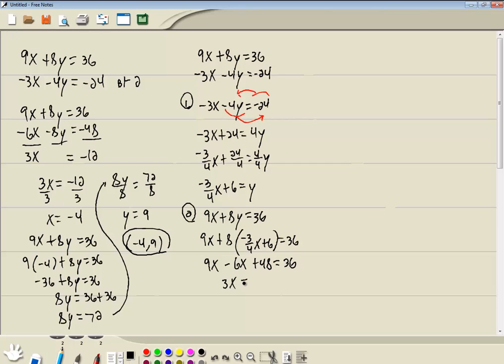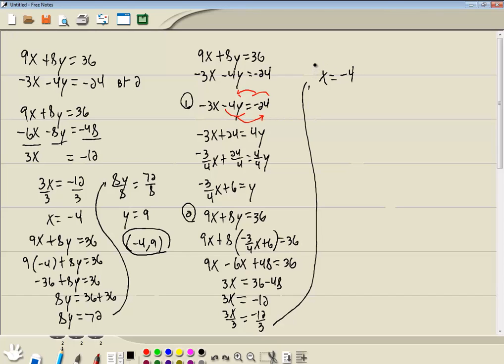Take the 48 to the right side and it becomes a negative 48. 36 minus 48 is negative 12. And then divide both sides by 3. And we end up with x is equal to negative 4.